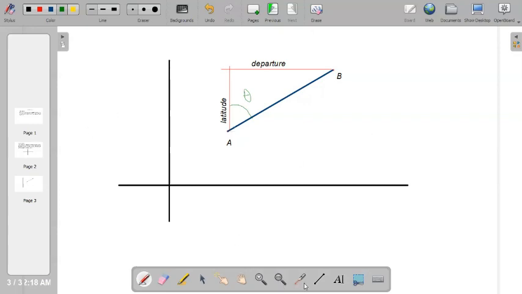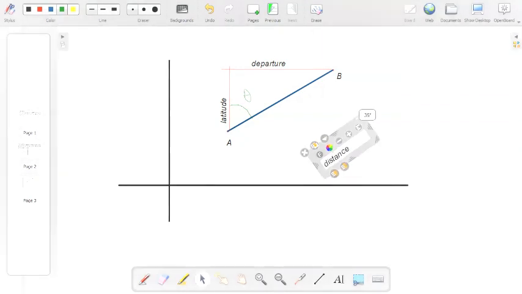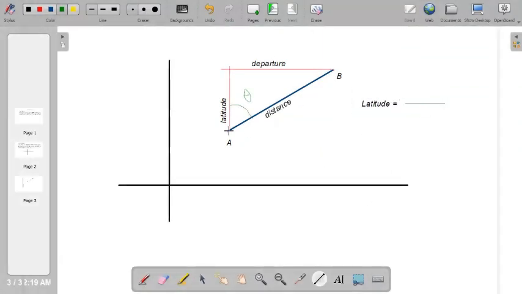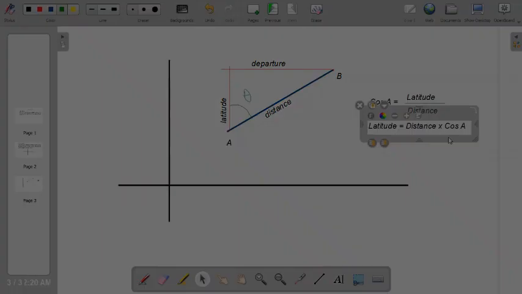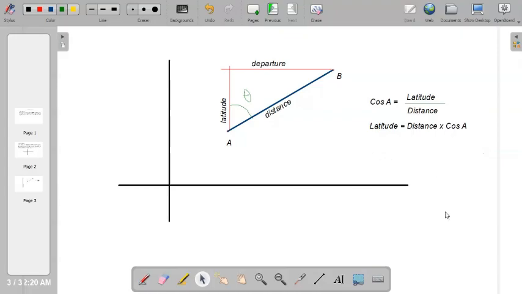So what is the formula for the departure of a line? And by the way, for this AB, usually you have the distance, the distance AB. So this is your formula for the latitude.